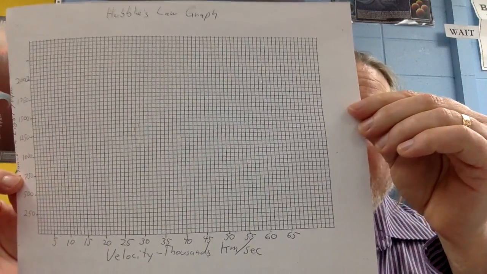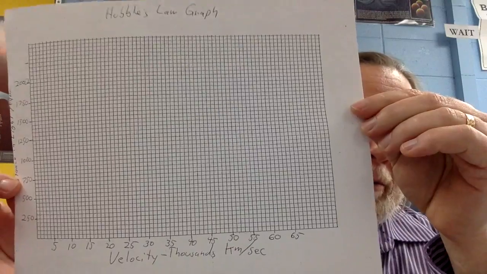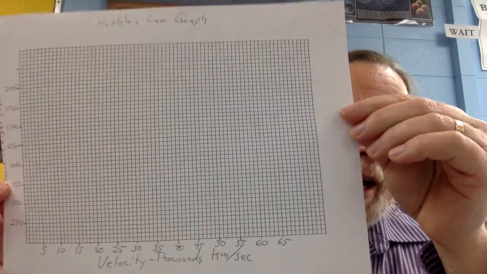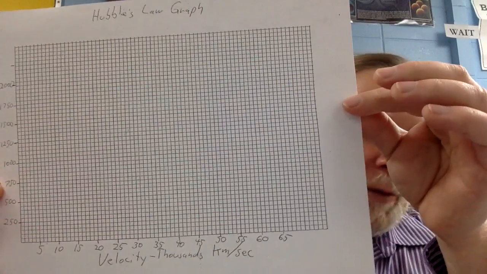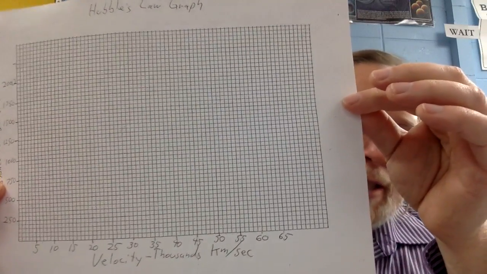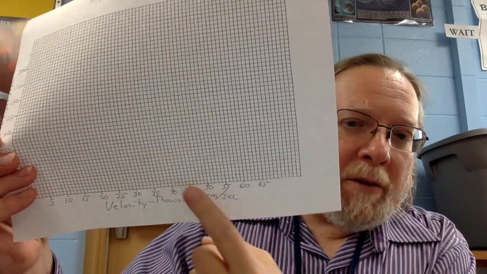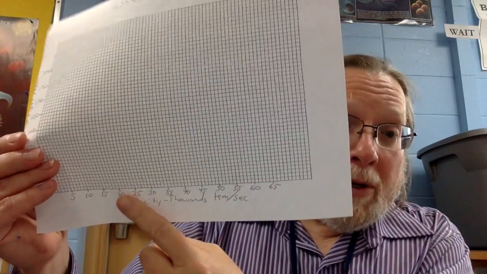For those of you that feel you may need to, the changes on the y-axis, each line is a unit of 50, and on the x-axis, each line is a unit of 1. Feel free to fill in the individual numbers if that is something that is going to help you when you do this.